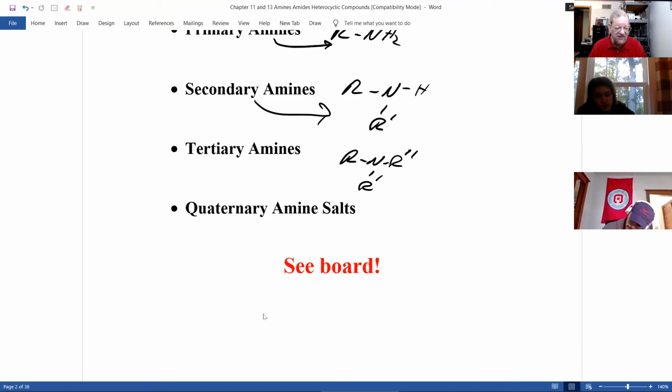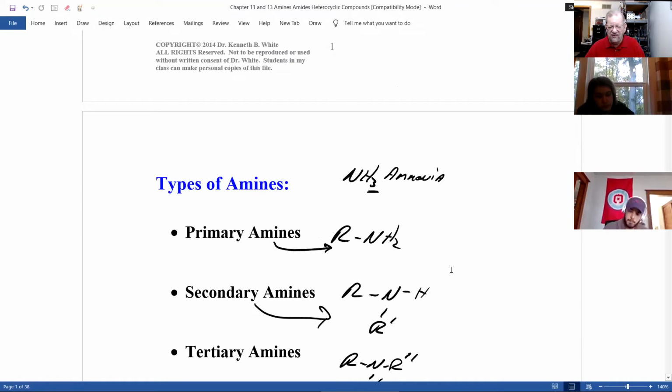Now, there's something called a quaternary ammonium salt, and I should warn you, I'm a world authority in quaternary ammonium salts. Let me show you what it is. I didn't show it, but I'll do it now. There's also these non-bonding electrons, or lone pair electrons.